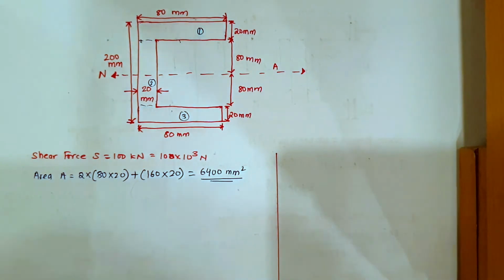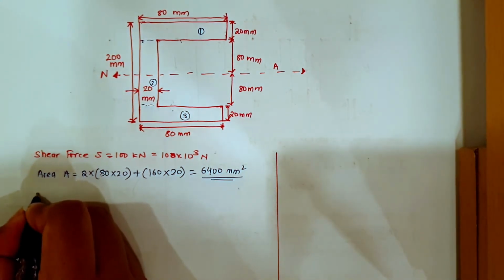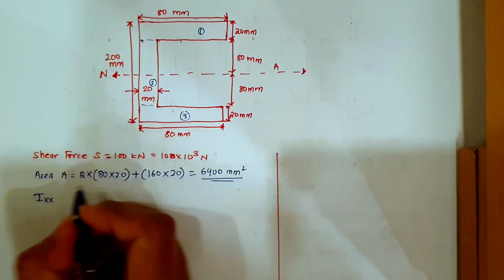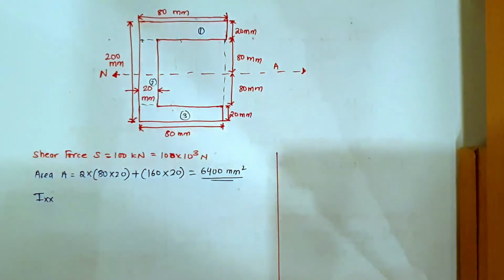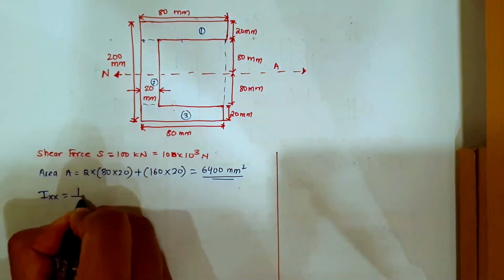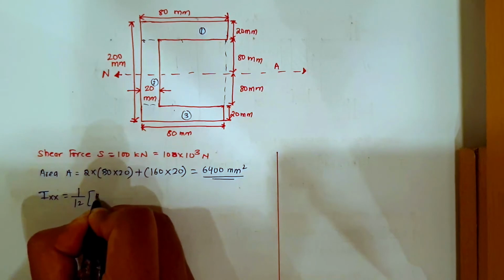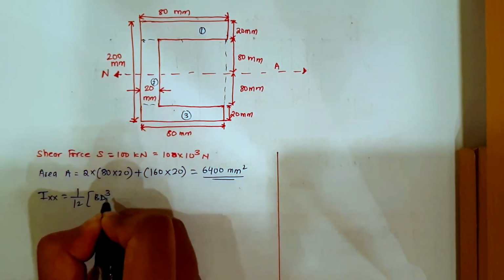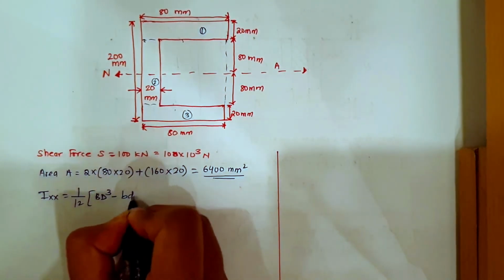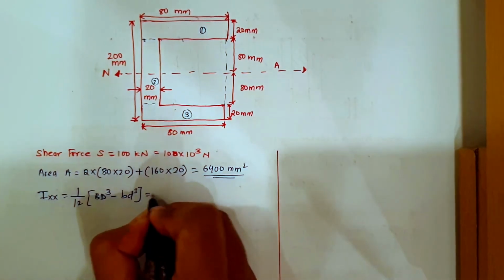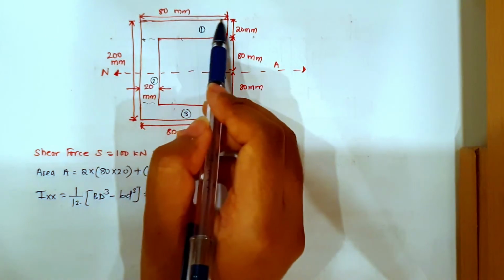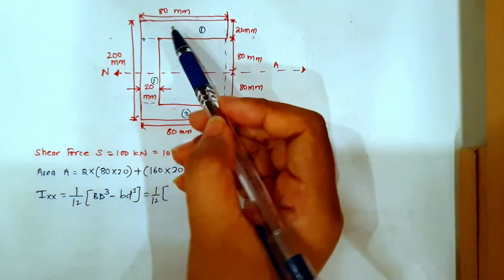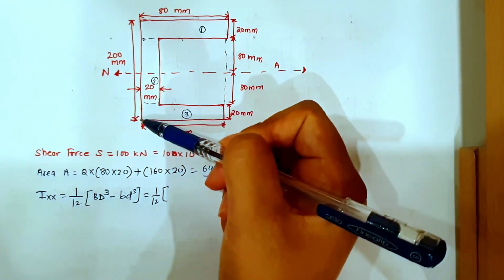Okay, now let us find the moment of inertia Ixx. Now if I convert this into a hollow rectangular section, I'll have 1 by 12 bd cube of outer rectangle minus bd cube of inner rectangle. So from here I'll get 1 by 12 outer rectangle. For outer rectangle, b is 80 and d is 200.